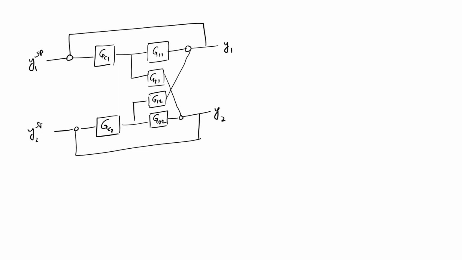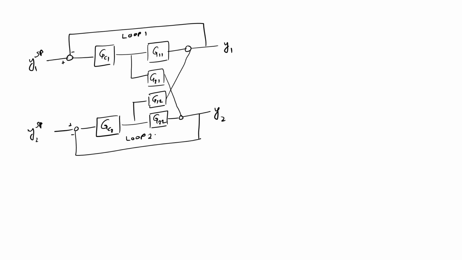So in this case, the common sense approach is, we want to tune loop 1 and loop 2. So this is loop 1 and this is loop 2, and we want to tune these two loops.